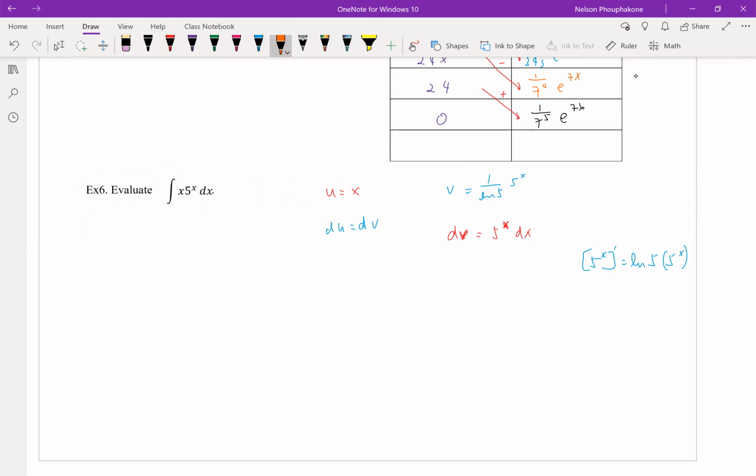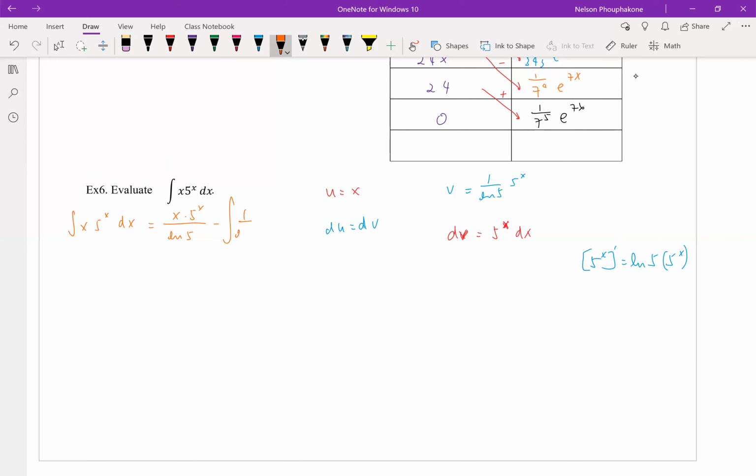And now, x 5 to the x dx is equal to, I will have x times 5 to the x over natural log of 5, and then minus the integral of v du.